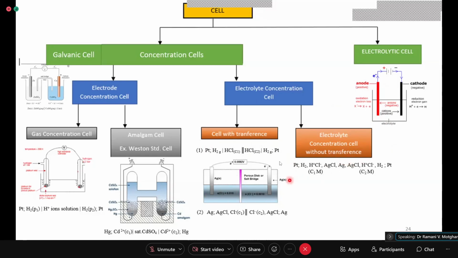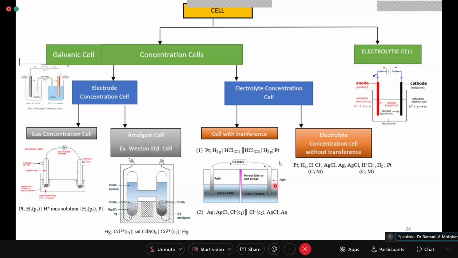If you consider this as the whole cell, in between will be a silver plate which separates the two compartments, and this separation is reversible with respect to chloride ion. On this side you have a platinum electrode, here also a platinum electrode, here you have an H plus ion concentration, and here another H plus ion concentration. So this is one without transference, and this is one with transference.